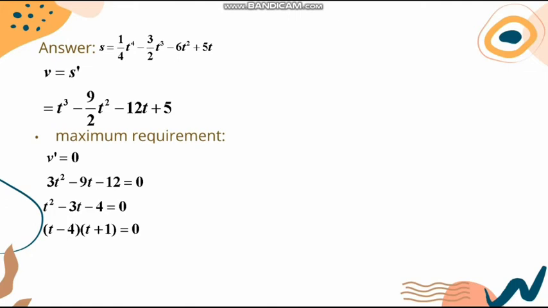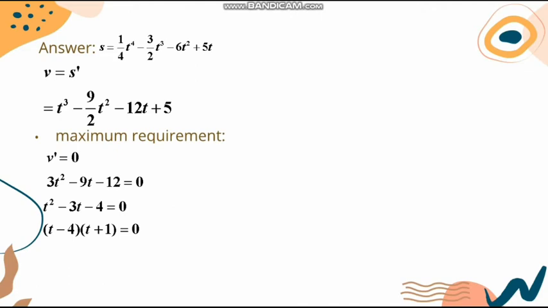We like factoring to find the value of t, but because we can divide by 3, we divide by 3 first. We get t squared minus 3t minus 4 equals 0. Factoring, we get t minus 4 and t plus 1 equal to 0.